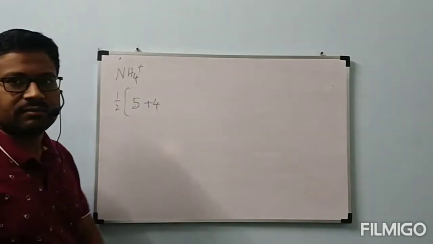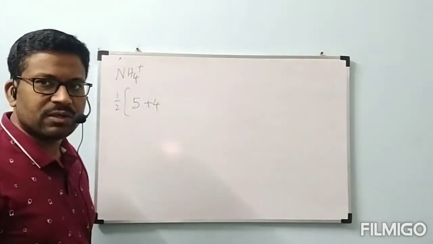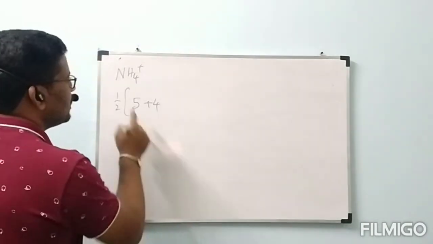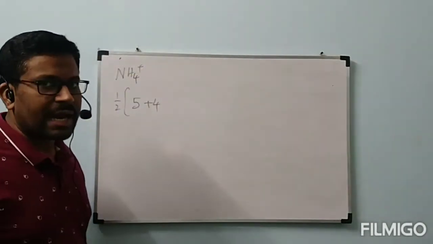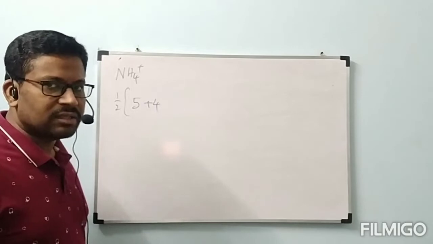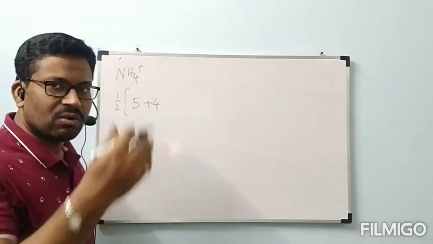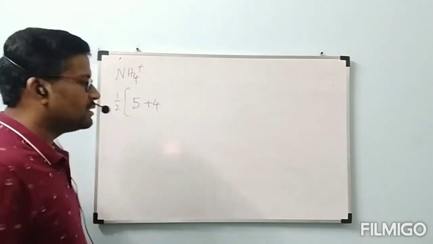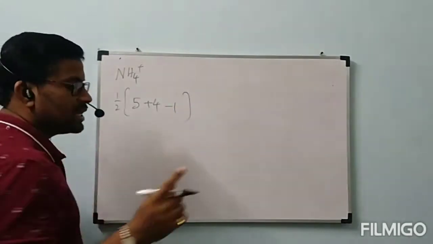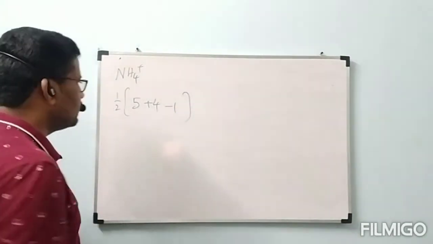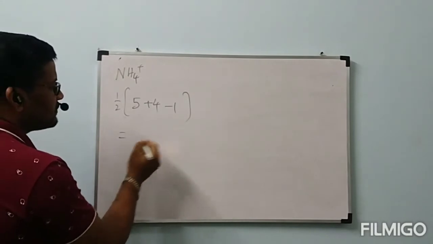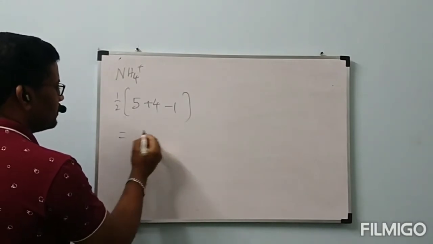Hydrogen is a monovalent atom. How many hydrogens are bonded? 4. Now is this a cation or anion? Cation. Charge present is 1. Minus C plus A. No need to consider A because it is not an anion. So minus 1. We have to consider only the numerical value. Now 5 plus 4 is 9, minus 1 is 8, by 2 is 4.